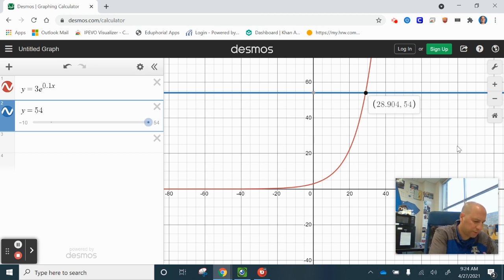So the point of intersection is 28, and they say round to one decimal place, so 28.9, comma 54.